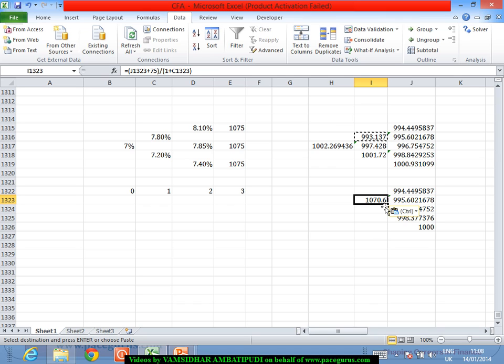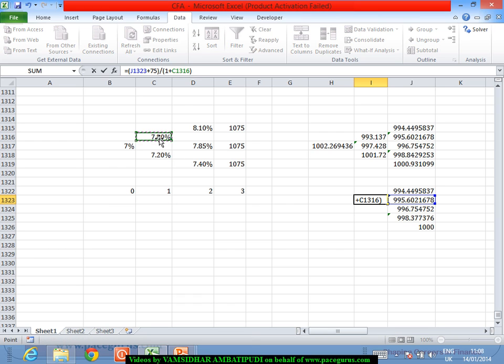J1323 plus 75 divided. Okay, here let me freeze this, instead of C1323.